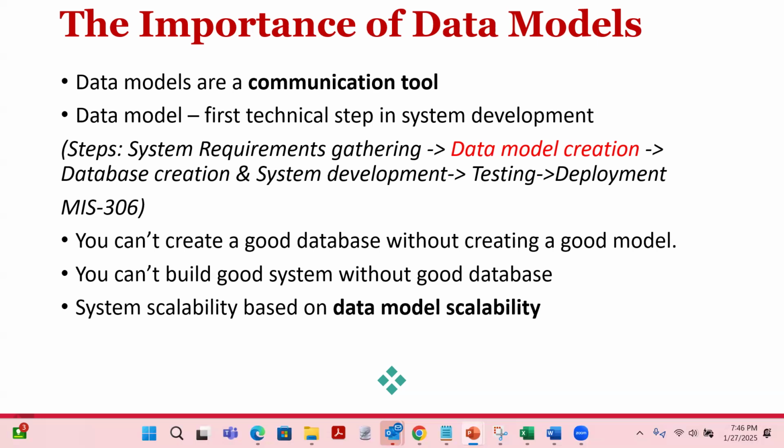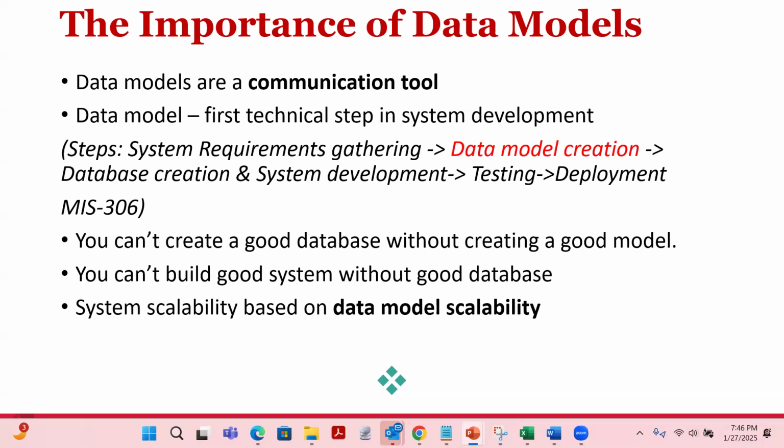You can't create a good database without a decent model, because again, you can't have a system without a good design, right? Similar to the database, a data model is the first step in creating a database, or database design. And subsequently, you can't build a good system without a good database.